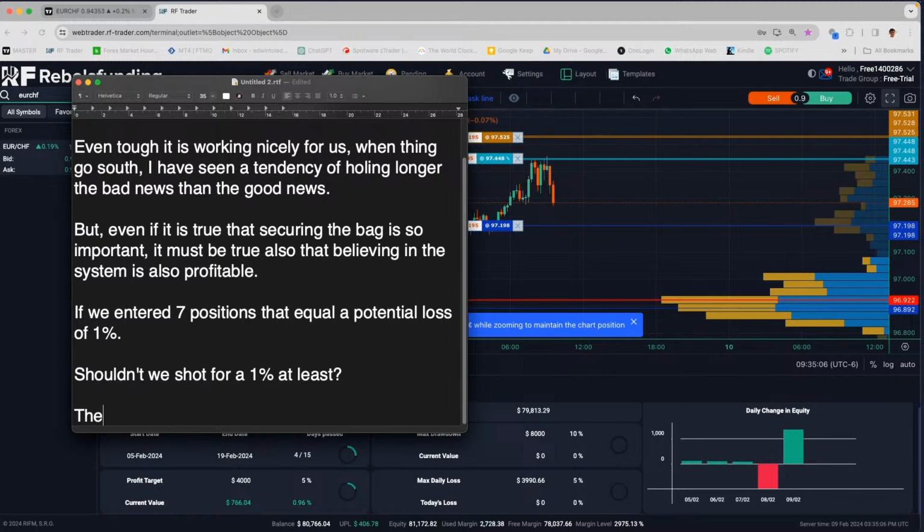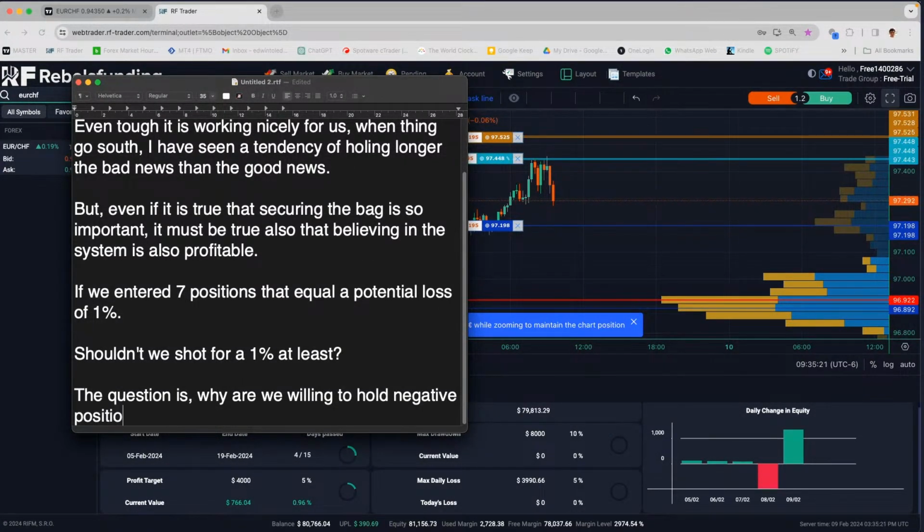The question is, why are we willing to hold negative positions longer than positive ones? Why do we do that? I don't know. It's a question I have actually. It's a good question I think to ask myself.